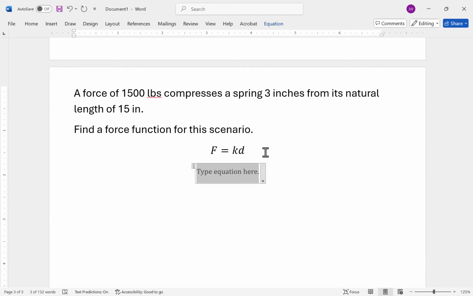If I want to write a force function with x as my variable, and I orient the spring the way I did in the picture, x is equal to the amount that it has been compressed, and therefore my force function can be just some constant multiplied times x.